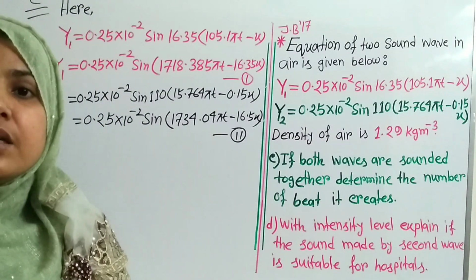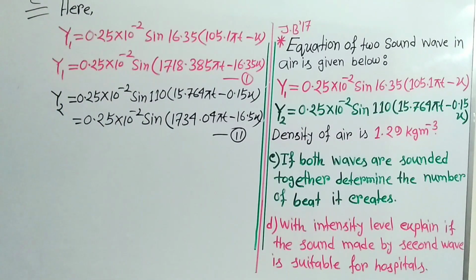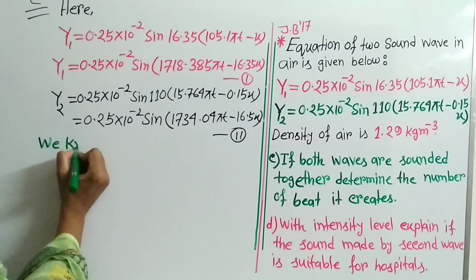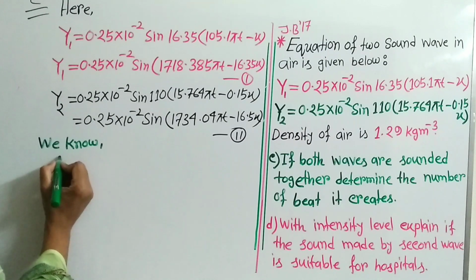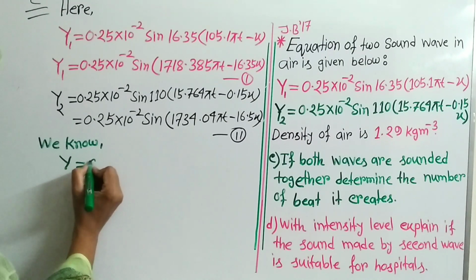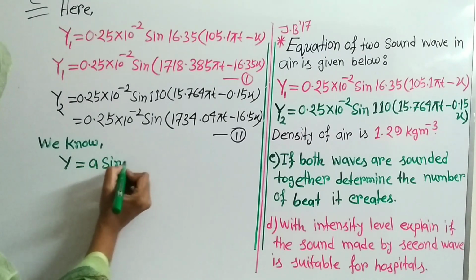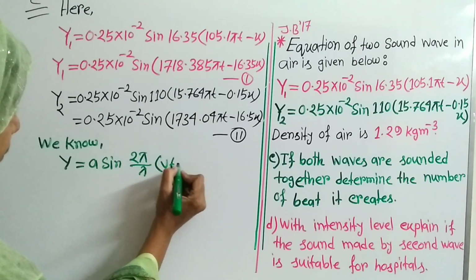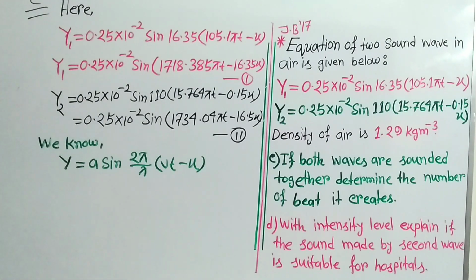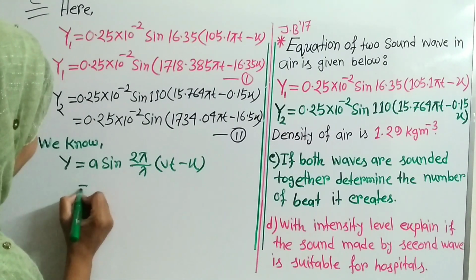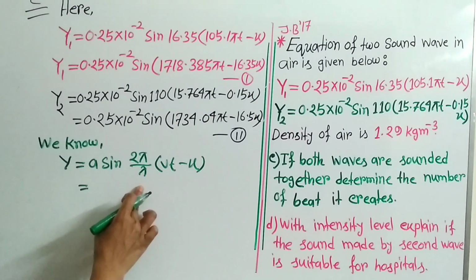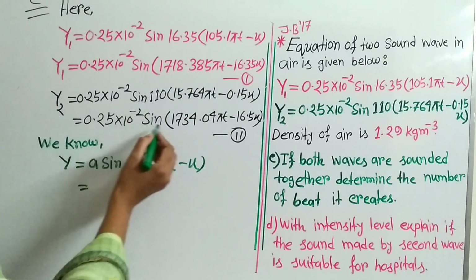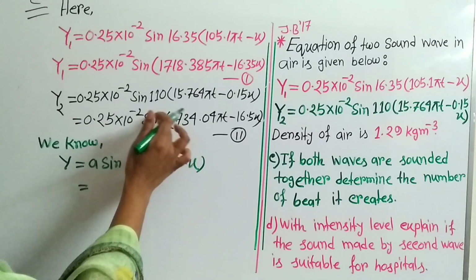Now we know the equation of progressive wave is y is equal to a sine 2 pi by lambda into Vt minus x. Now I am making a little change in this equation, as you can see that in equation 1 and equation 2, there is nothing multiplied with sine.